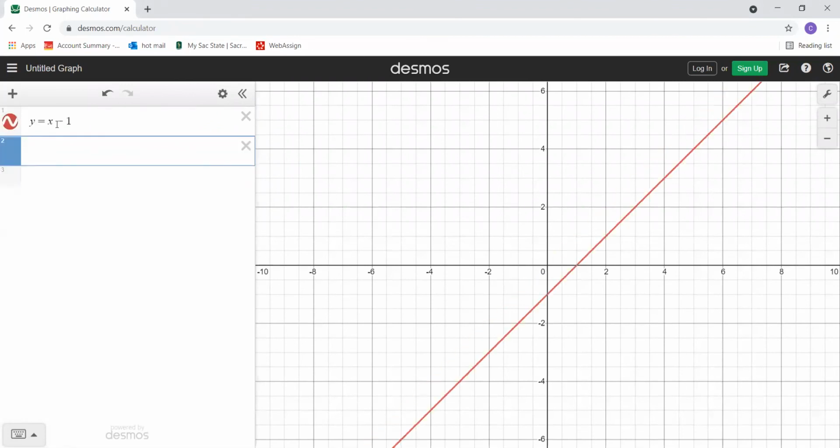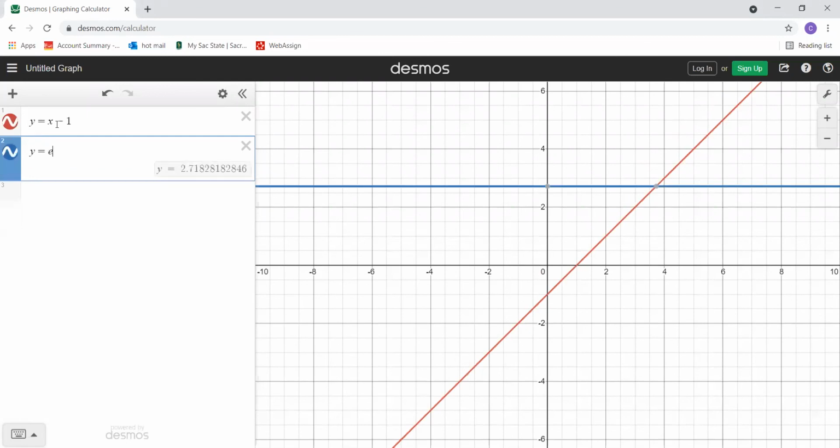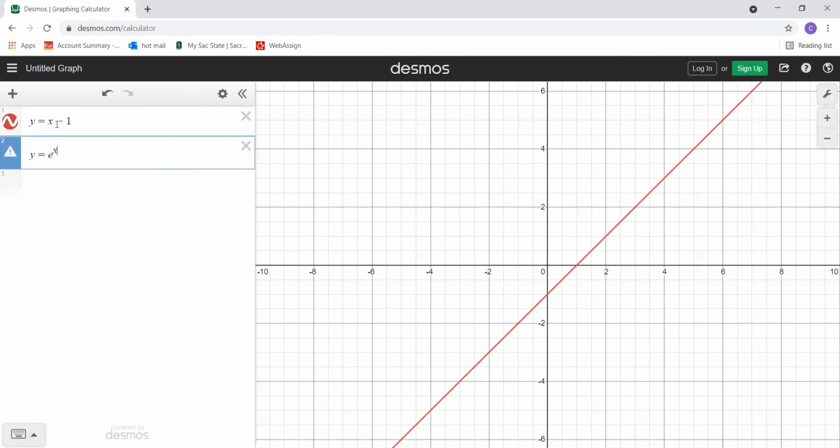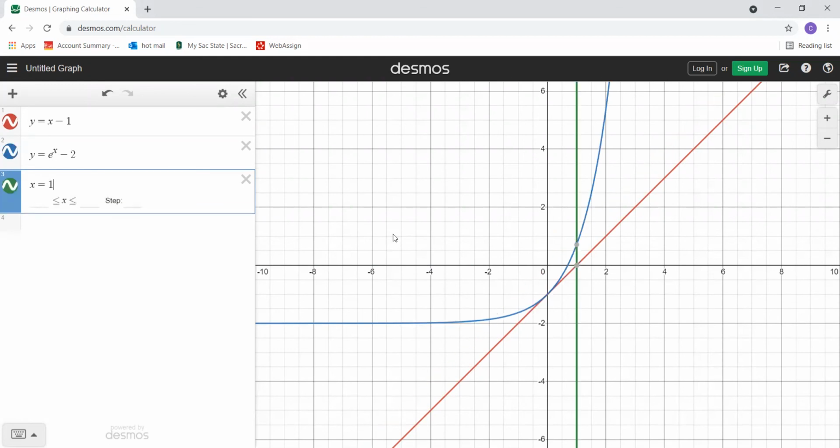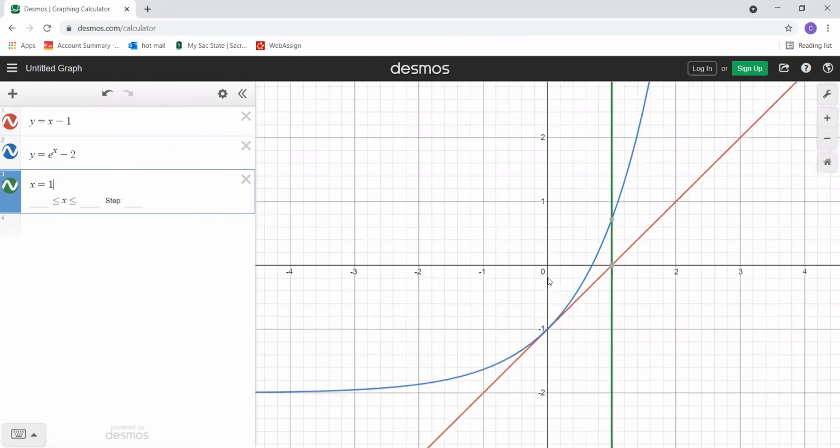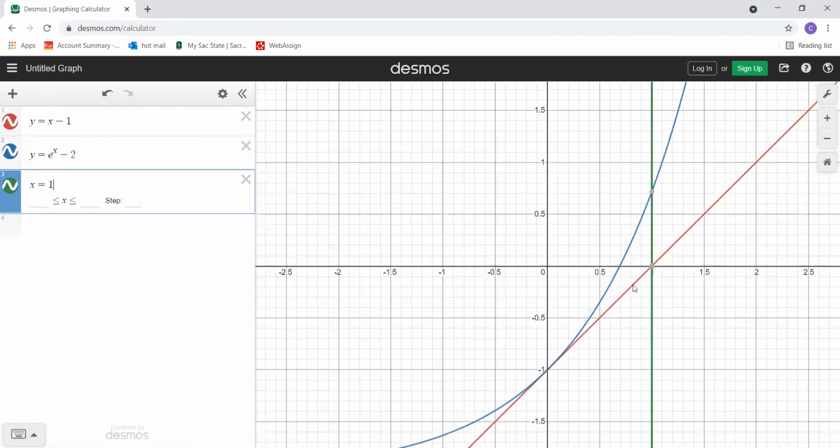I'm not sure about y equal to e to the x minus 2. And also we're going to have x equals 1. So the area between these two functions rotated about the x-axis.